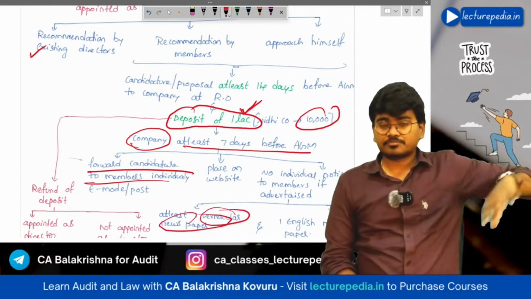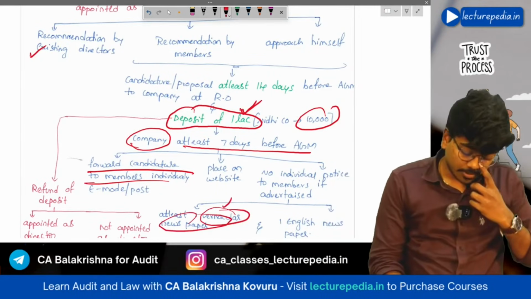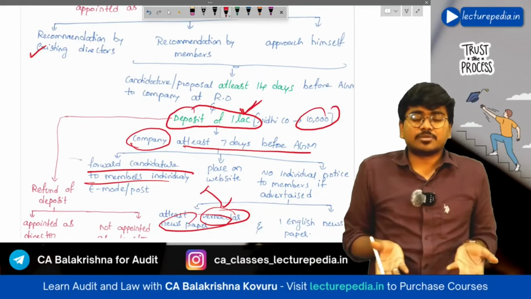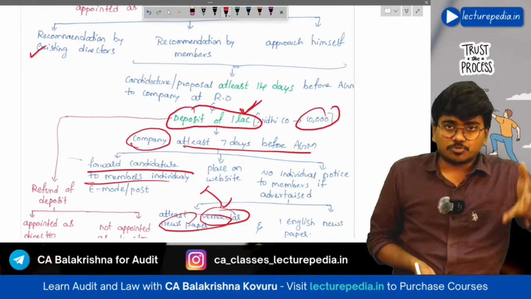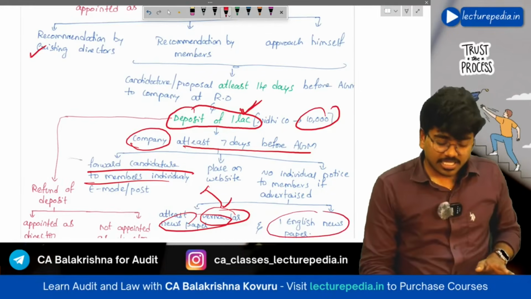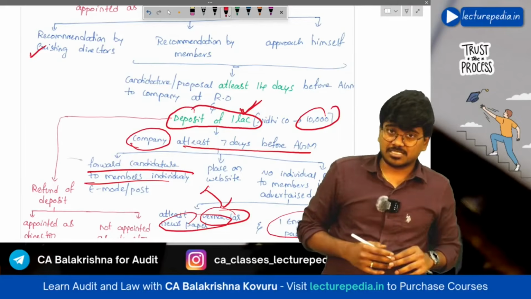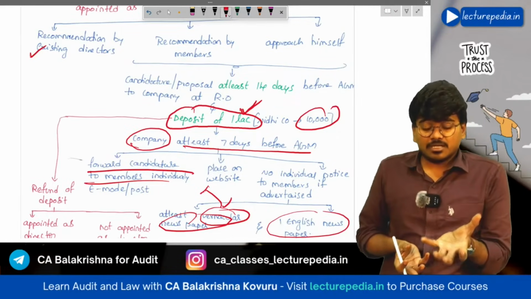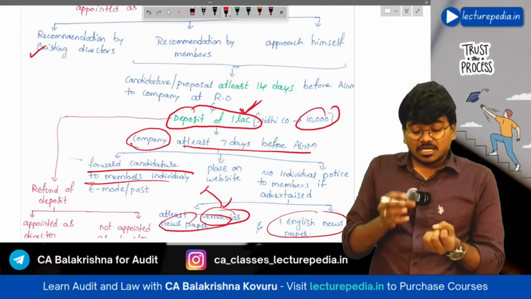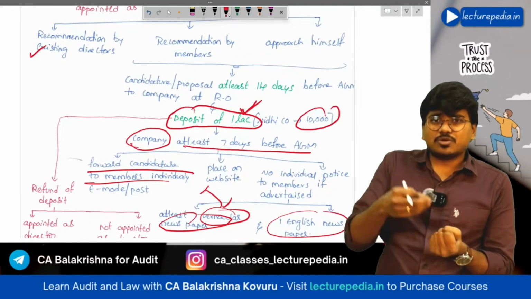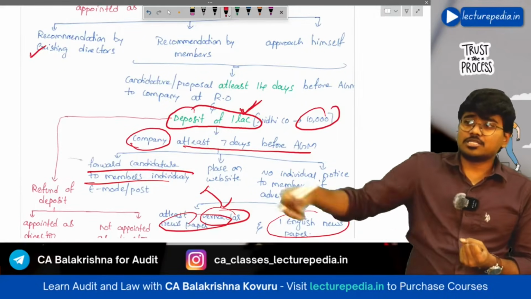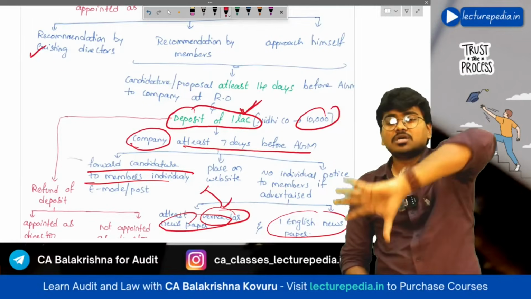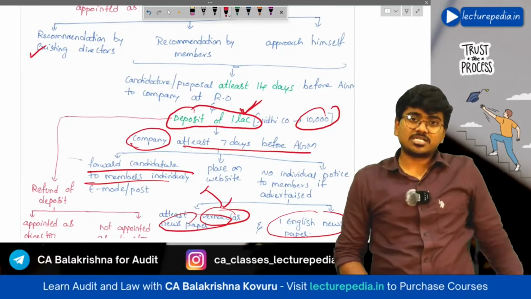Vernacular newspaper means the local language. Let's say the company is incorporated in Andhra Pradesh, then you need to advertise in at least one Telugu newspaper along with one English newspaper. If you advertise the candidature of the person in the newspaper, in that situation you need not individually send this candidature to all the shareholders, because you have advertised it in the newspaper itself. So individual circulation is not necessary.